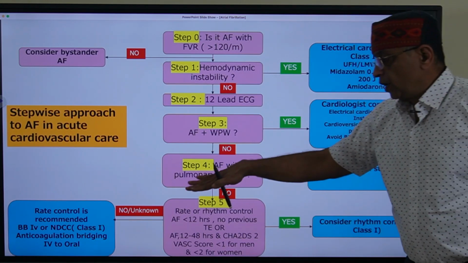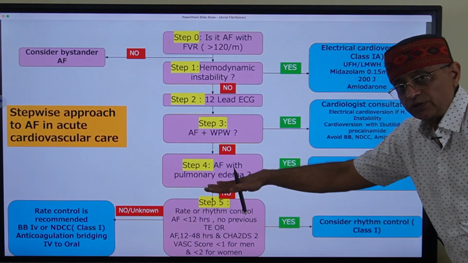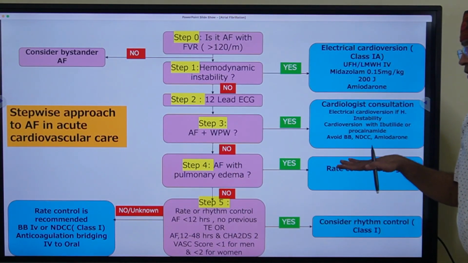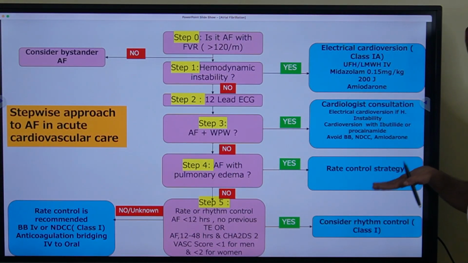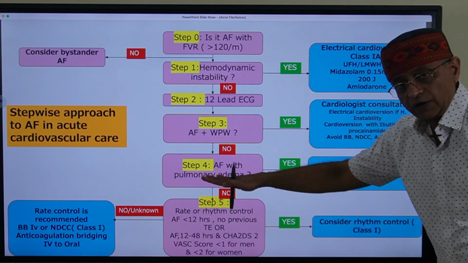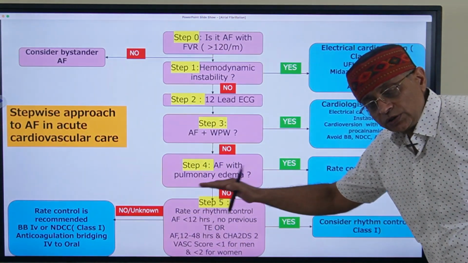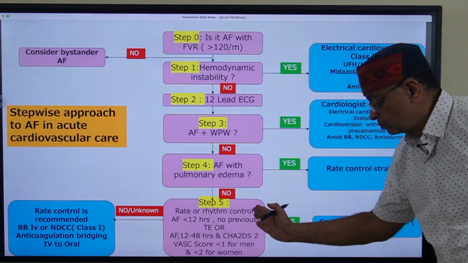Step 4, if the patient has AF with pulmonary edema, that means the patient has heart failure, then rate control therapy should be preferred. If the patient does not have heart failure either, then you have two choices. You could consider rate control or rhythm control.